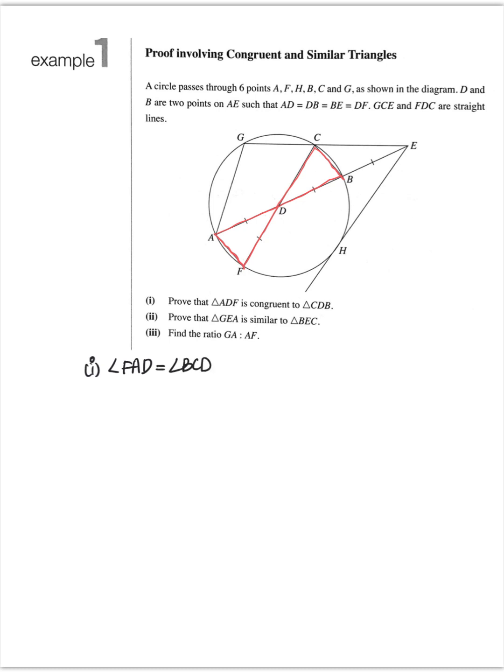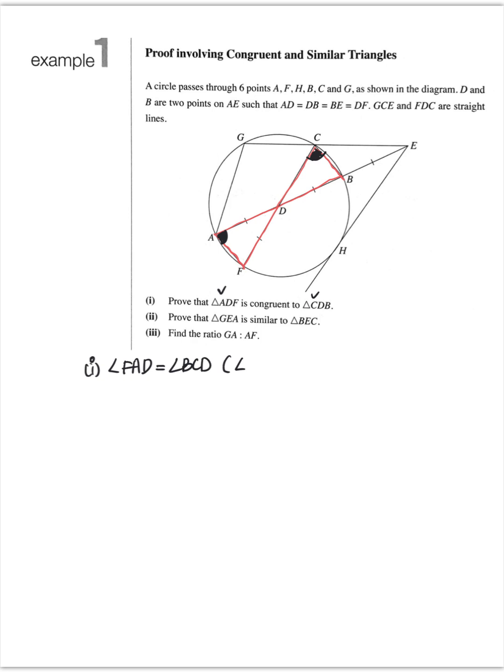So when they say triangle ADF is congruent to triangle CDB, the question you should ask yourself is, why is angle A equal to angle C? So straight away you mark these two angles out, then you notice, oh, because it's angles in the same segment.